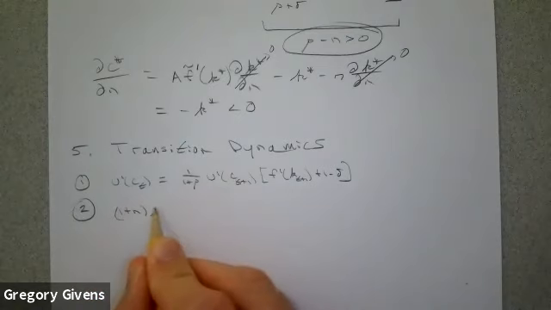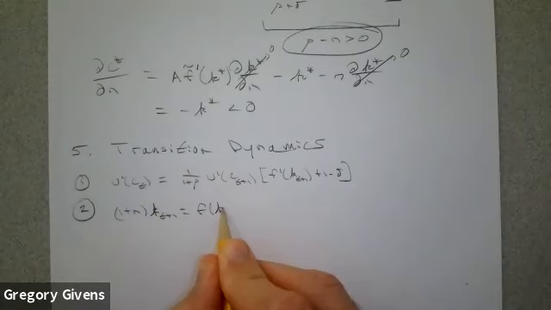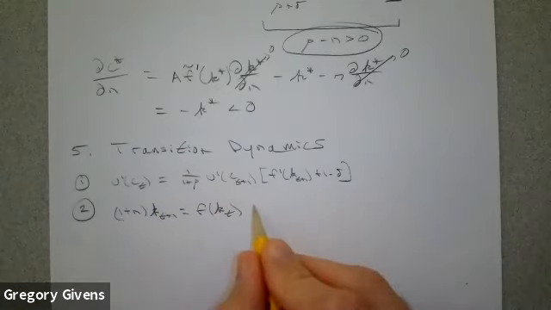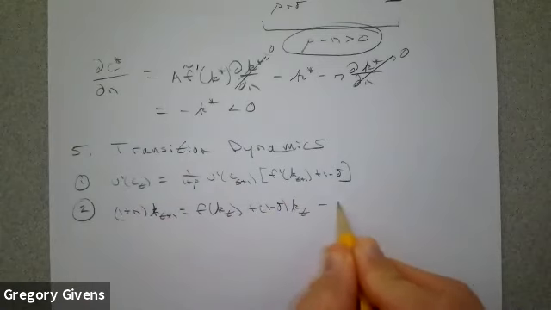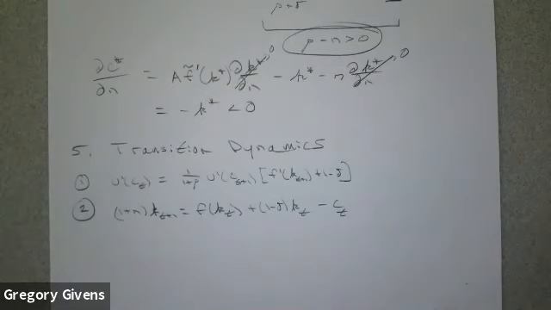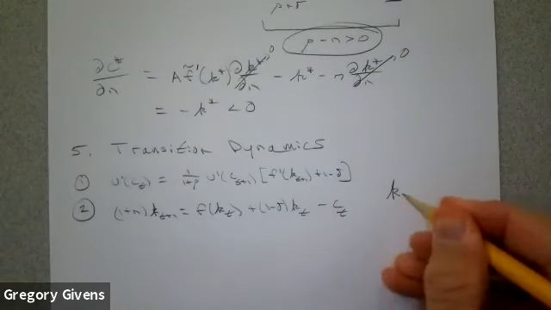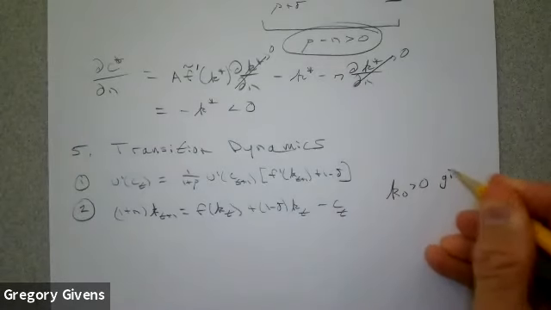It's (1+n) K_{t+1} equals f(K_t) plus (1-delta) K_t minus C_t. So these two equations, in concert with the no-Ponzi game condition, constitute basically the equilibrium of the Ramsey model, okay? For a given initial value of capital.